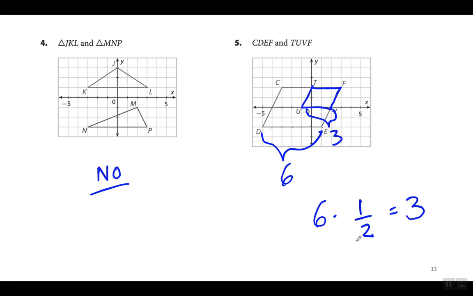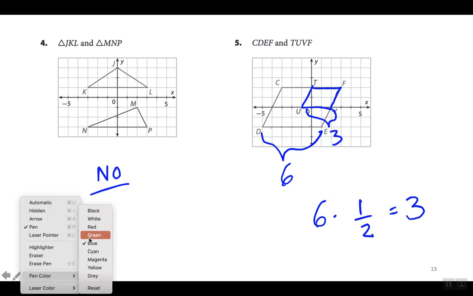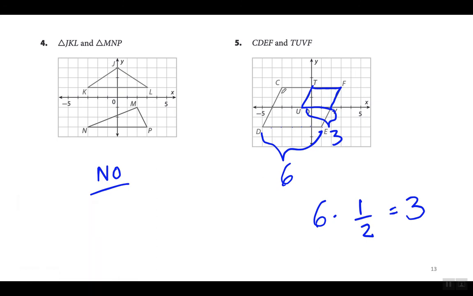All right, now let's check another side. Let me change the color to red. You may or may not remember this from middle school, or I'm not sure if we've done it in this class, but the height of a parallelogram, if you look at this big parallelogram, you measure it like this. It's got to be perpendicular to one side.